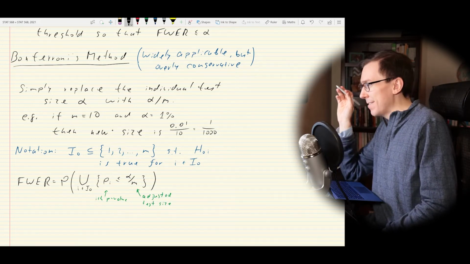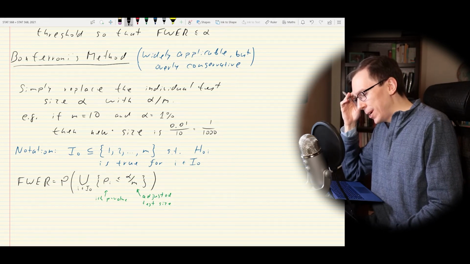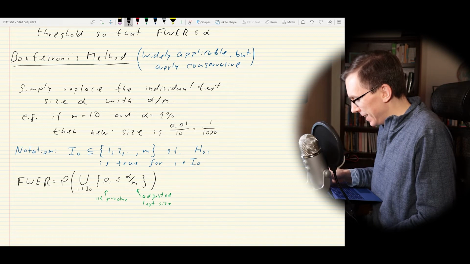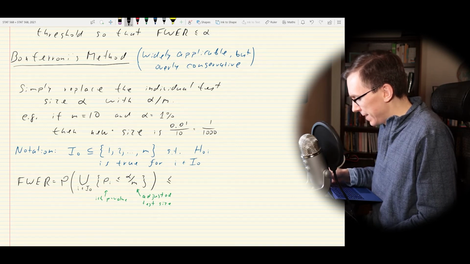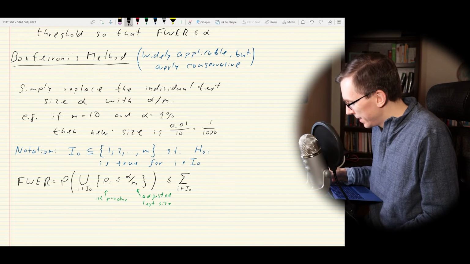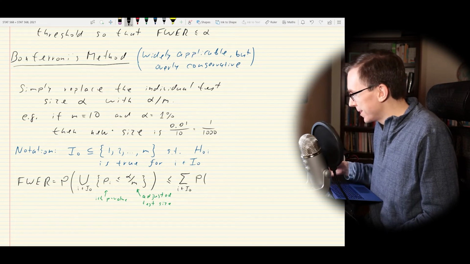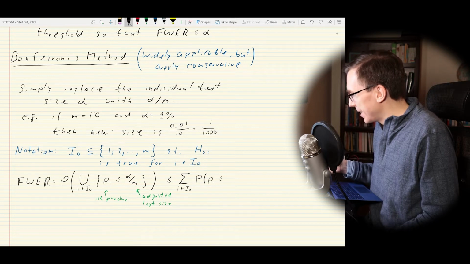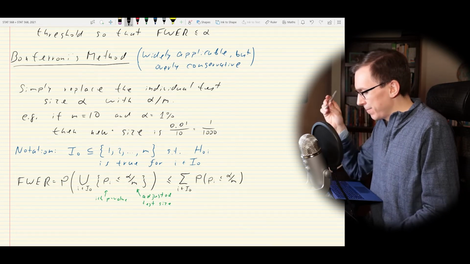Okay, so now that we have that, well, what do we do? Well, what we can do is use what's called Boole's inequality and replace this by a summation for i in I naught, basically turning the union into a sum, less than or equal to alpha divided by m.